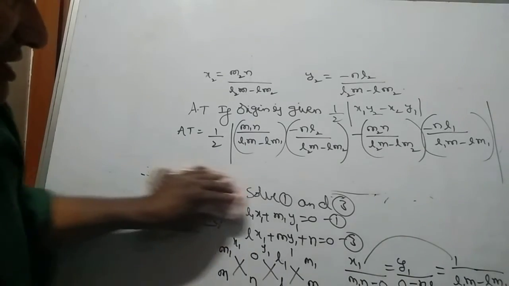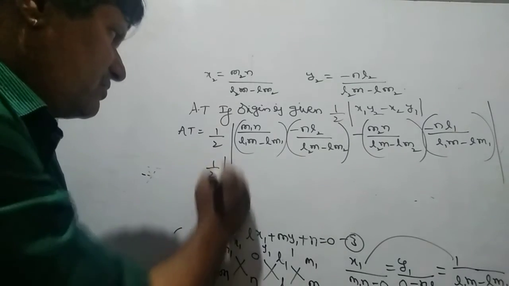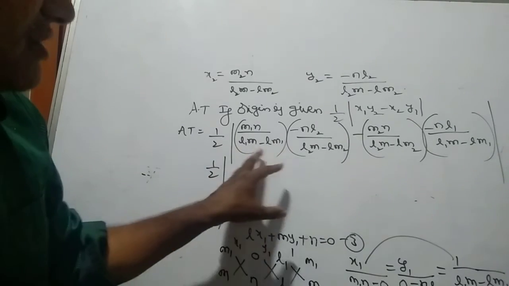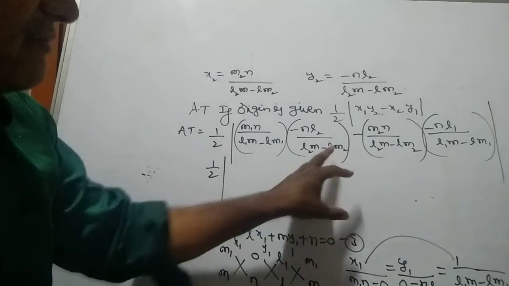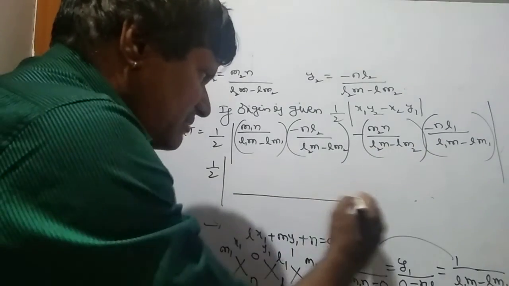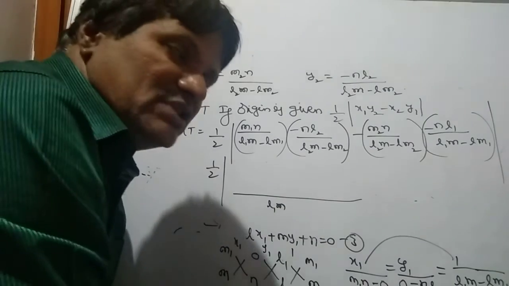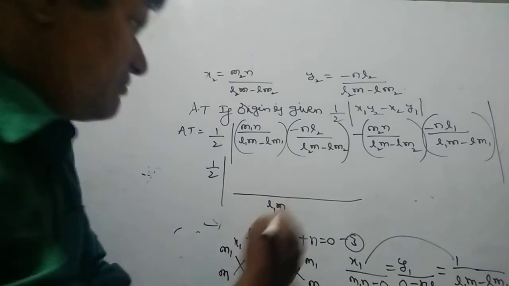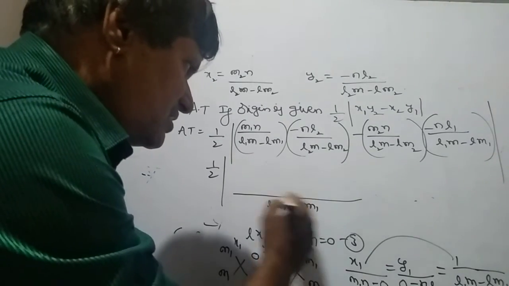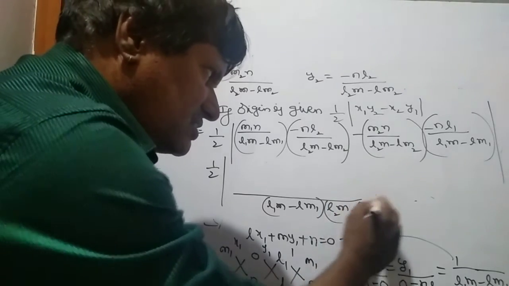So in this we have to multiply, and the denominator is the same, L1m minus Lm1 into L2m minus Lm2. If the denominator is the same, you can add the numerator terms, like 1 by 2 plus 3 by 2 is 1 plus 3 by 2. Like that, over L1m minus Lm1 into L2m minus Lm2, this denominator is as it is.